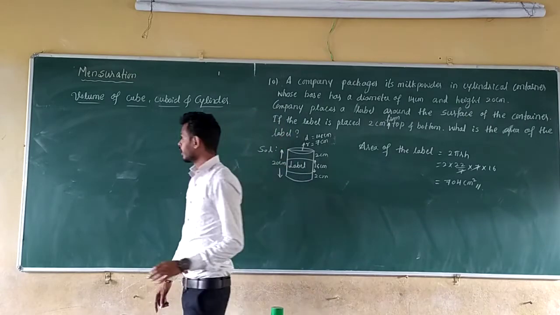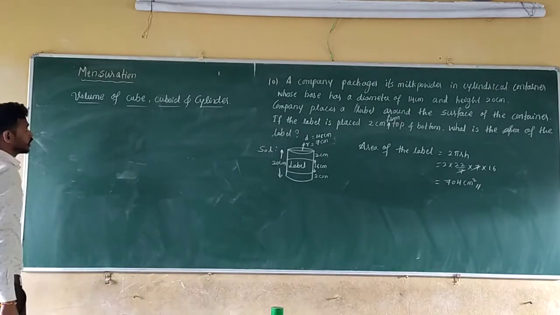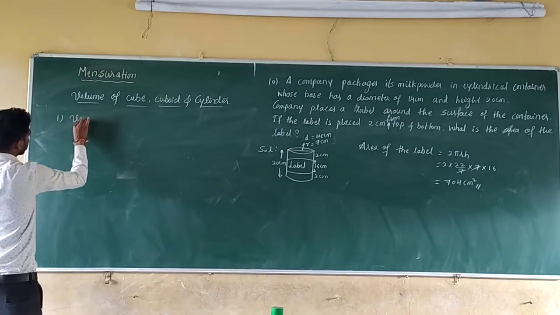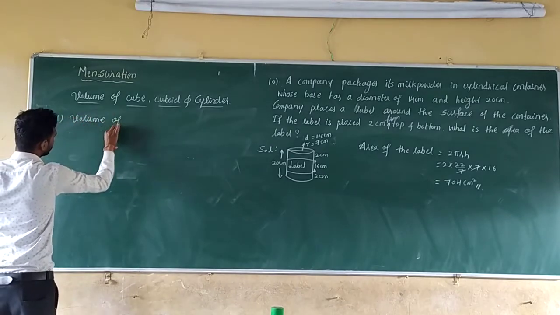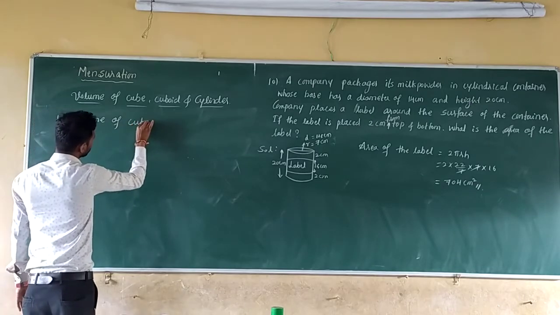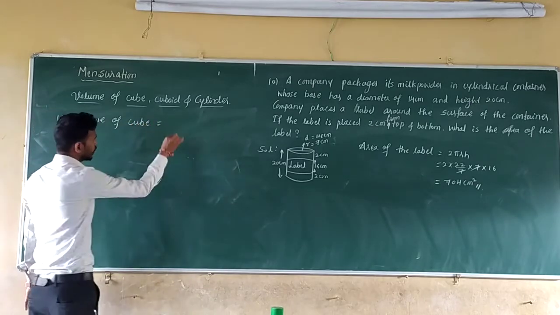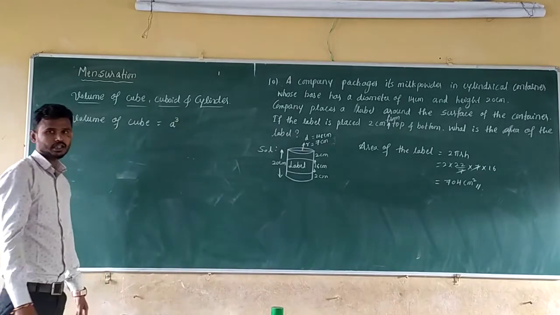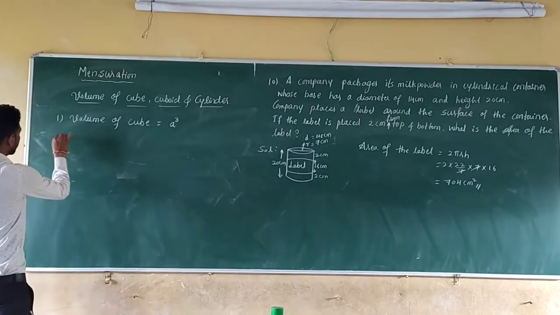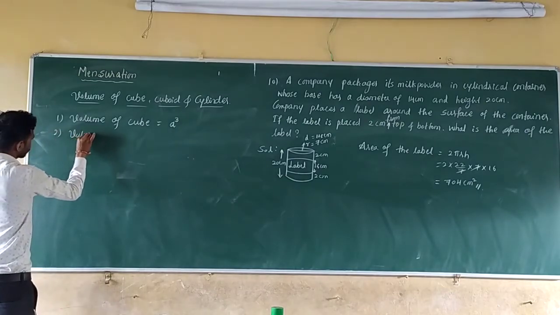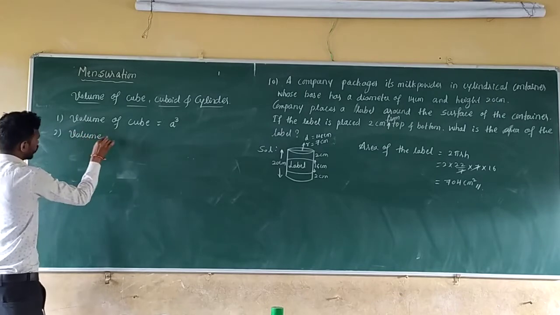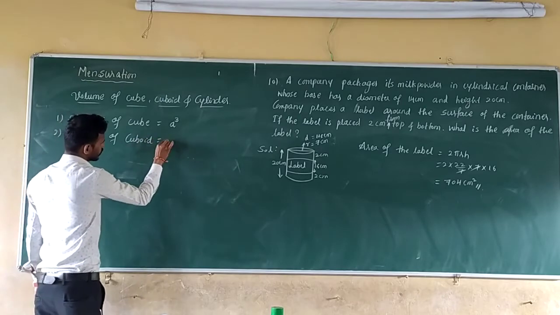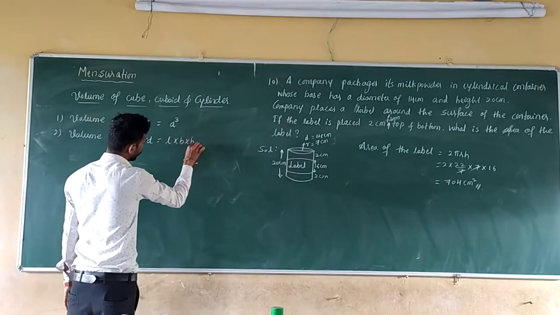Already I think you know the volume of the cube and cuboid. Volume of cube is equal to a cube, means side cube. Next, volume of cuboid is equal to length into breadth into height.